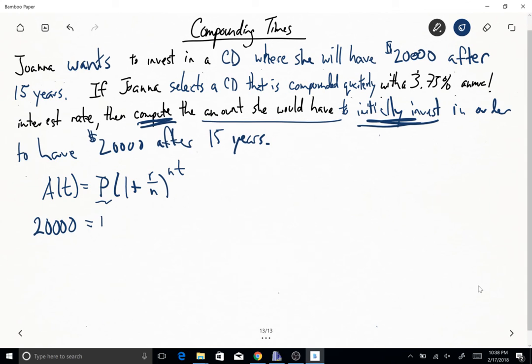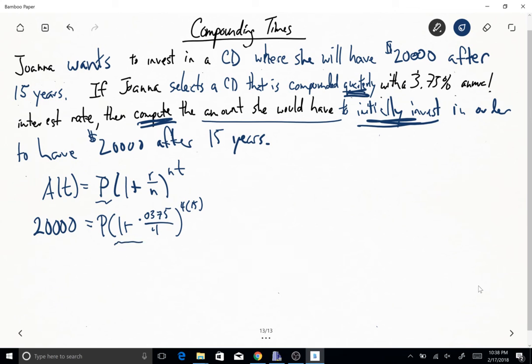So in this case, P is going to be our missing value, but our r stays the same. I didn't change that at all, but I did change the n in this problem. N in this case is compounded quarterly. That's what you all selected. So 4 goes down there, and then 4 goes up here, and then our time is 15 years. Okay, so this looks scary, right?